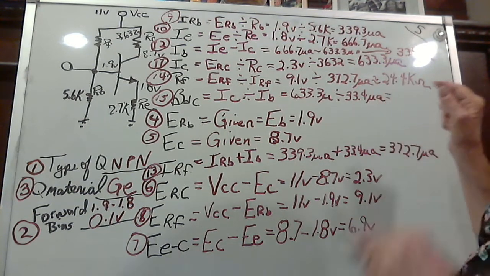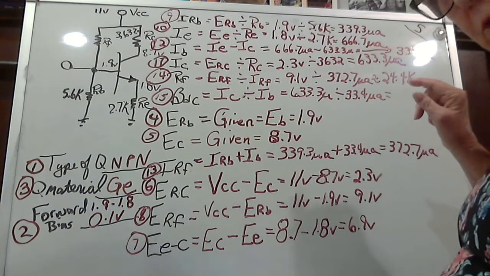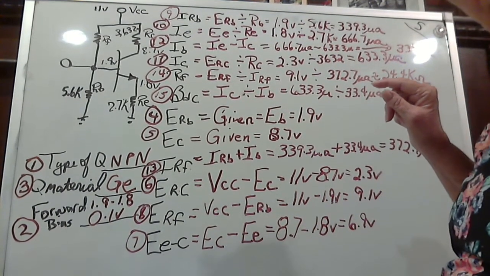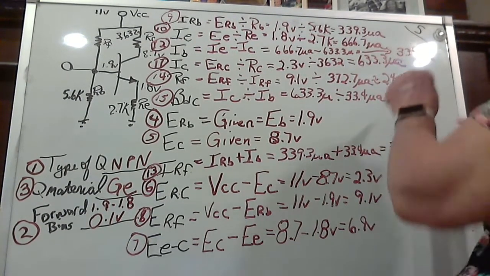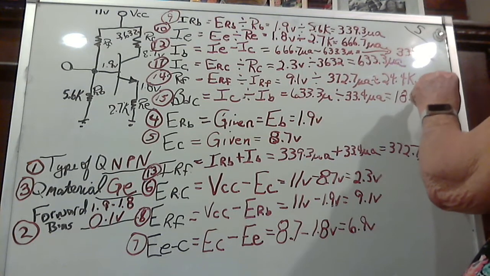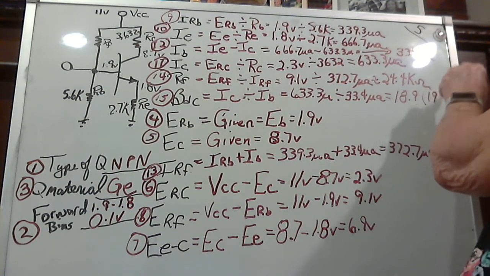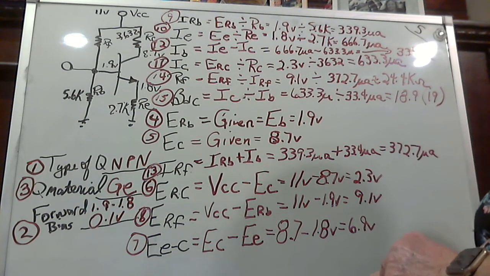And the gain of this transistor should be about 18.9 or 19. I think it comes out 18.9 the way I have it, or you can just put 19. And there's not a measurement on that because it's just a ratio. And that's the way we would work these problems.